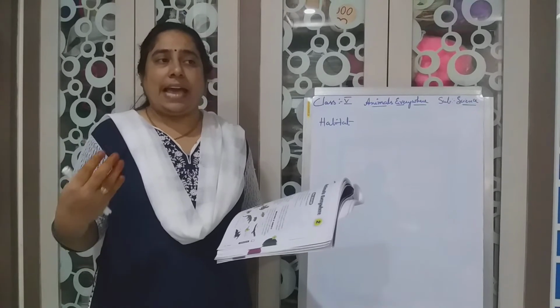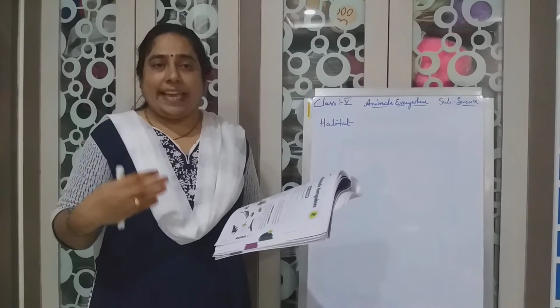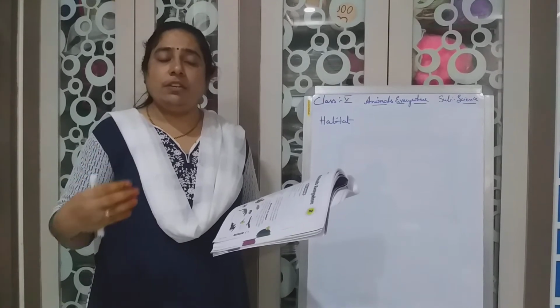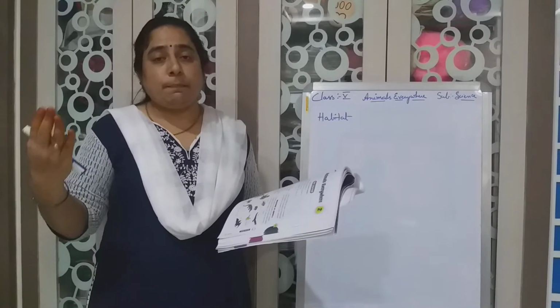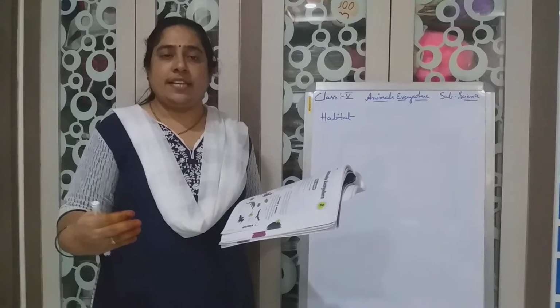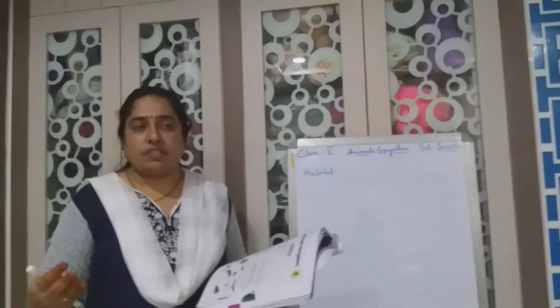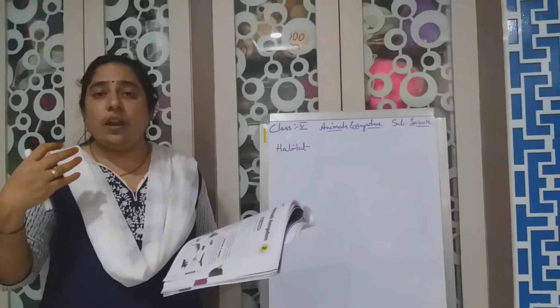Animals need to breathe to get oxygen. Like humans, animals also need oxygen. We take oxygen and leave out carbon dioxide, whereas plants take in carbon dioxide and leave out oxygen for us to live.